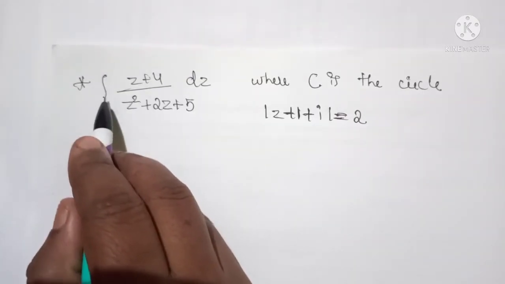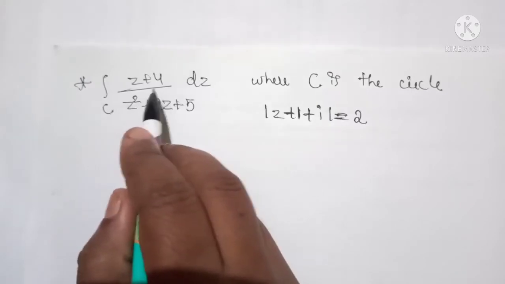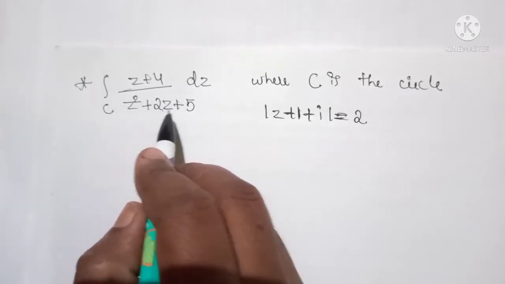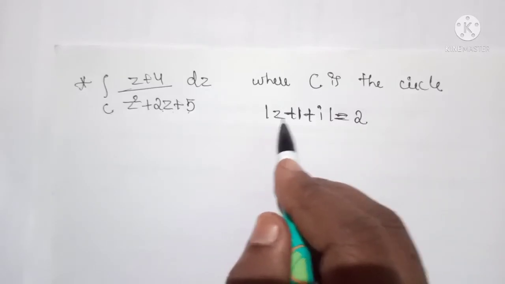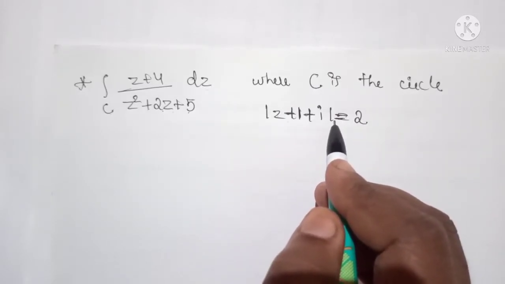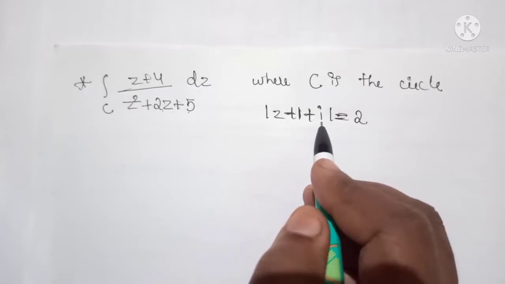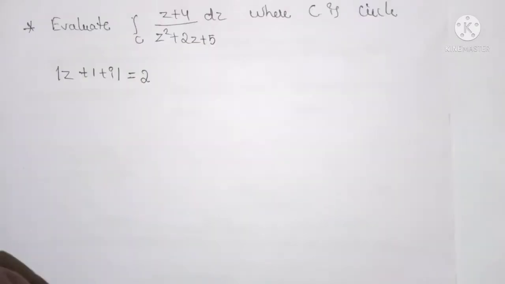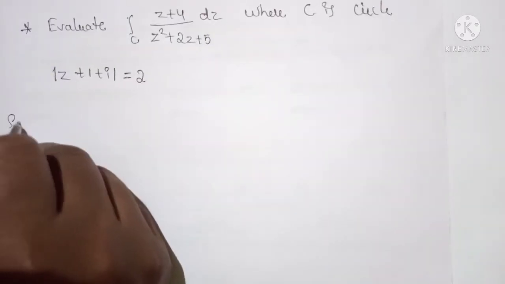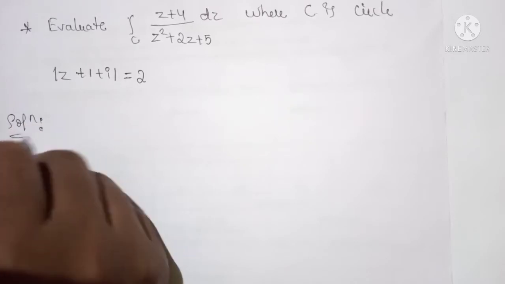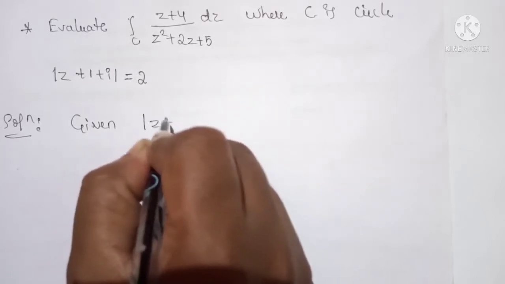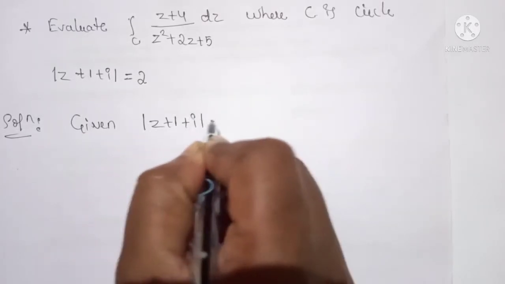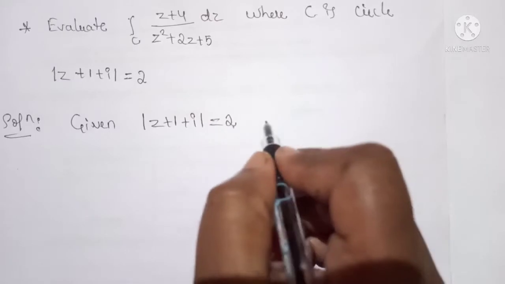Here integral over c of z plus 4 divided by z square plus 2z plus 5 dz, where C is the circle mod z plus 1 plus i equals 2. Solution: given that mod of z plus 1 plus i is equal to 2, it is a circle.